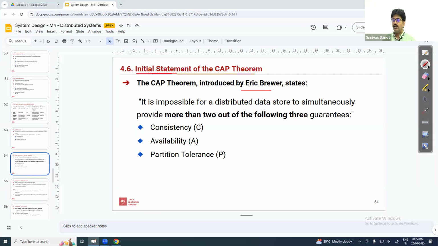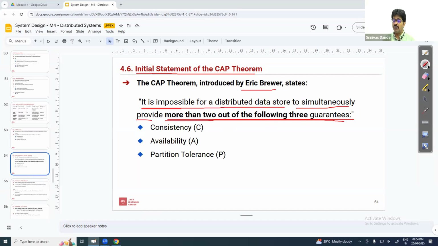What Eric Brewer defined is that it is impossible for a distributed data store to simultaneously provide more than 2 out of the following 3 guarantees. So what is it telling?